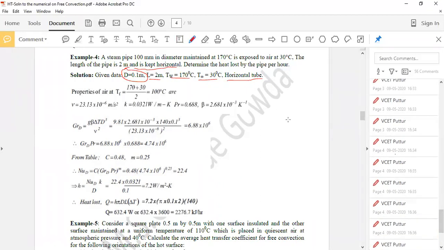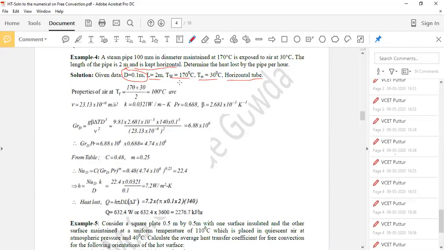The reason is that in a horizontal cylinder or sphere, the boundary layer forms around the diameter.